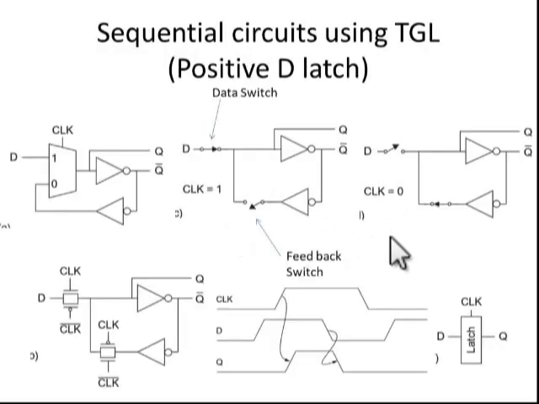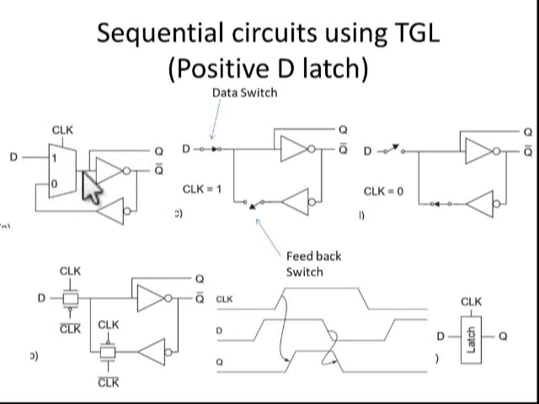So far we have discussed only combinational circuits. The TG can also be used in sequential circuits. First we will take the D latch. This is the internal diagram of the D latch. The D latch requires one 2:1 mux and two NOT gates. The output is taken here, D is connected to one input and Q is connected to the 0 input.